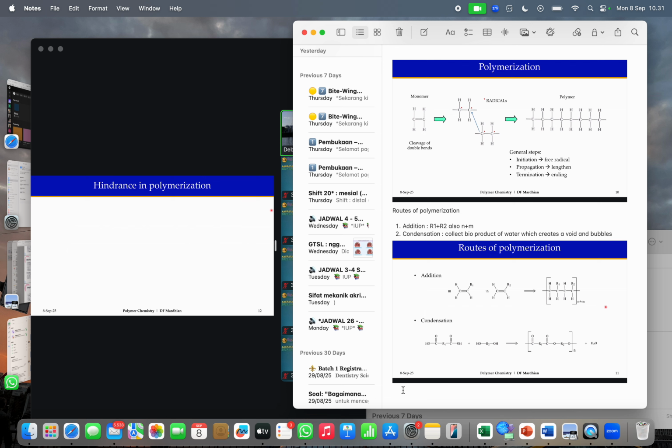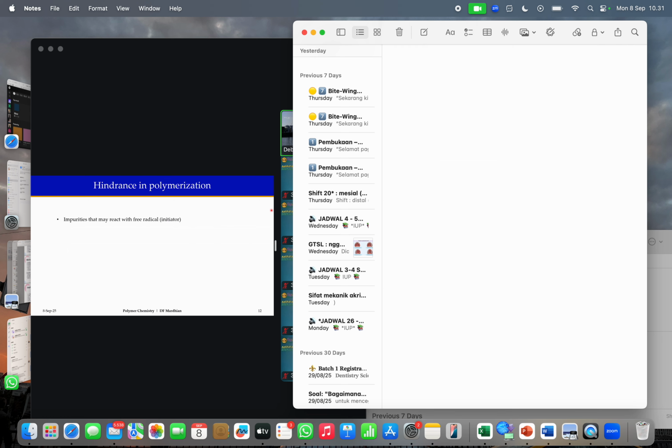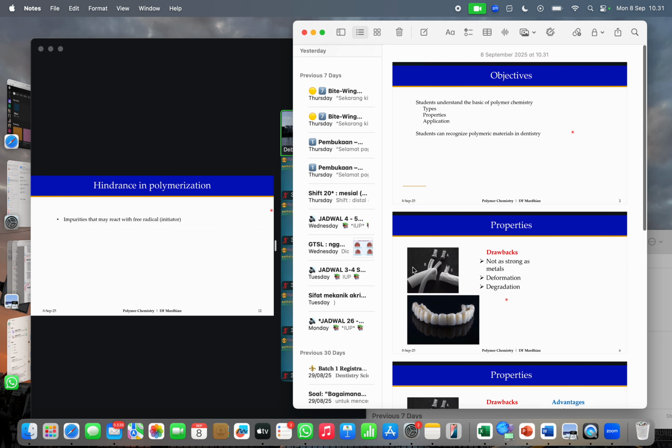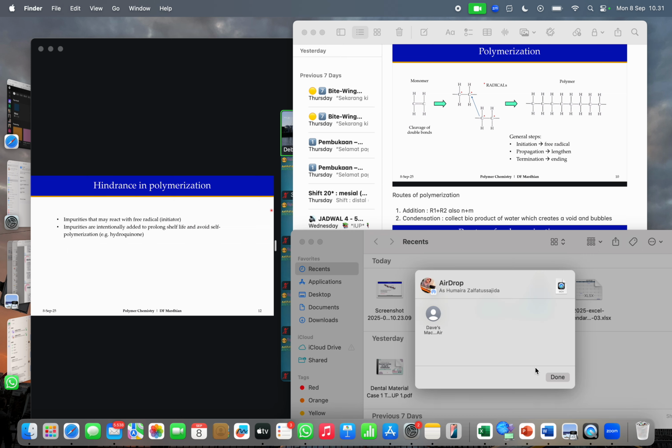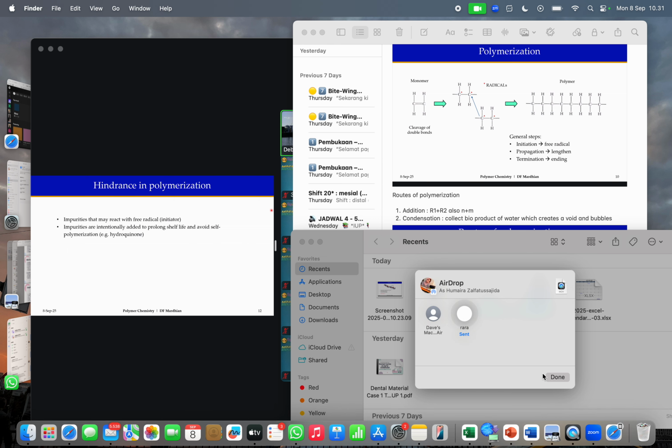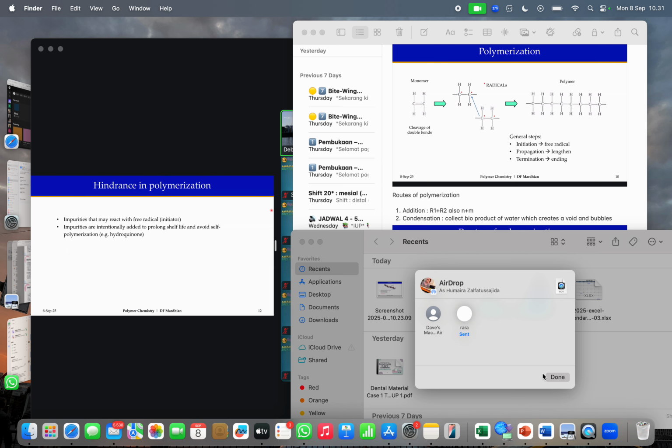There are some hindrances in polymerization, like impurities that may react with free radicals or the initiator of the polymeric chain reaction. However, impurities are also intentionally added to prolong the shelf life and avoid self-polymerization.